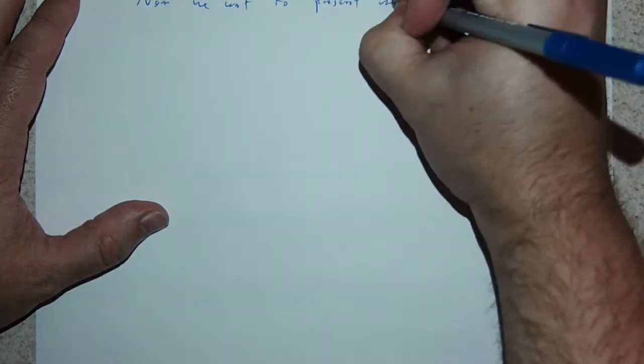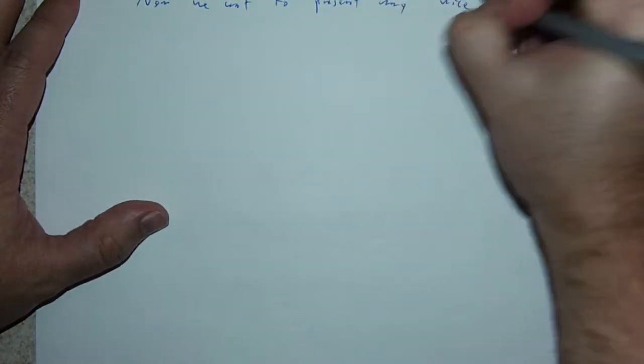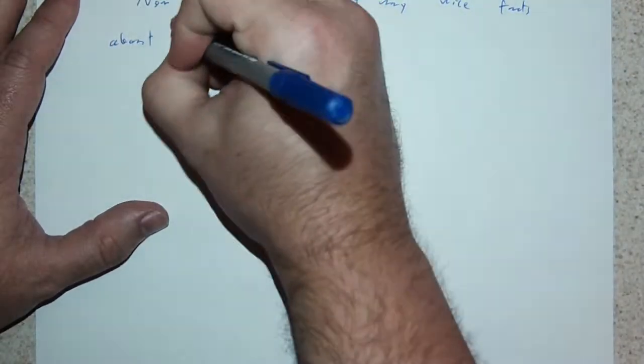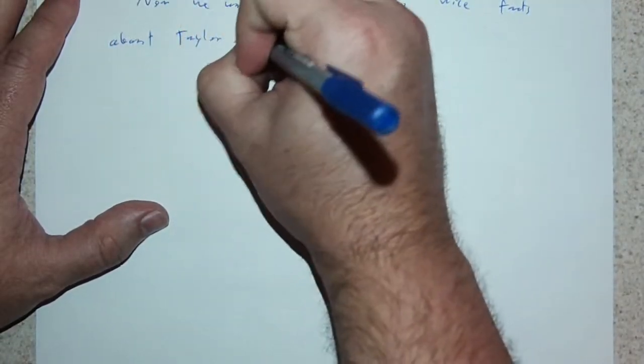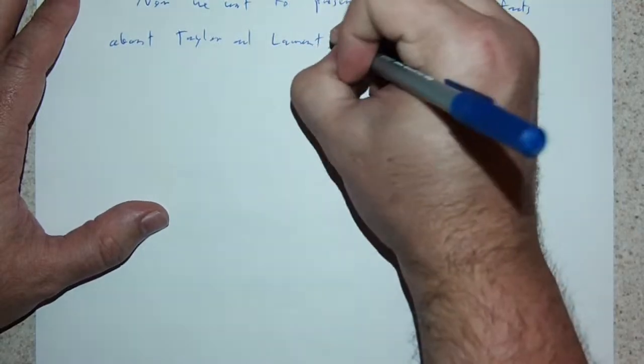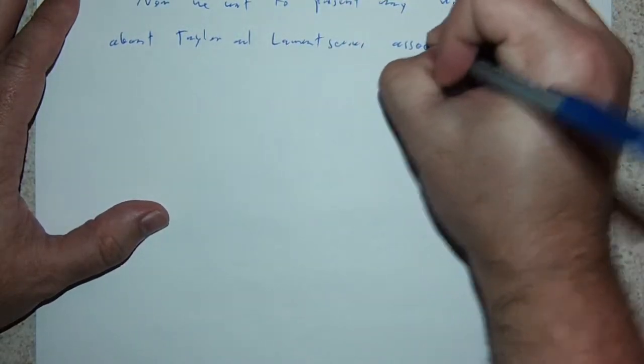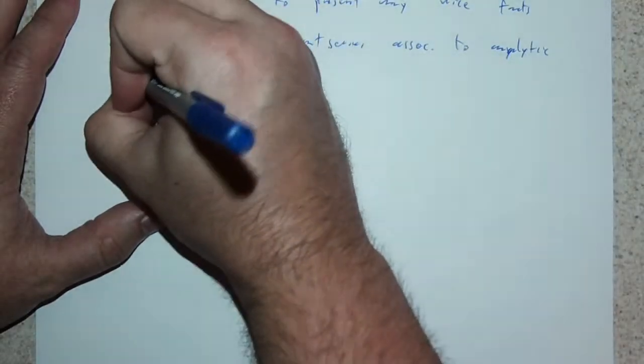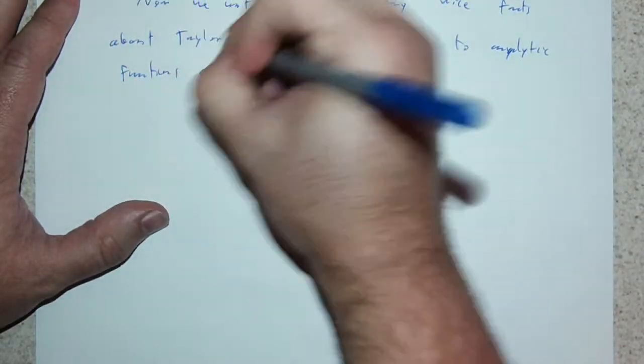Continuing along. Now we want to talk about a bunch of nice properties. So now we want to present many nice facts about Taylor and Laurent series associated to analytic functions on relevant domains.